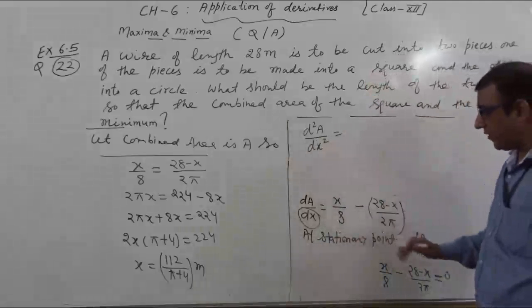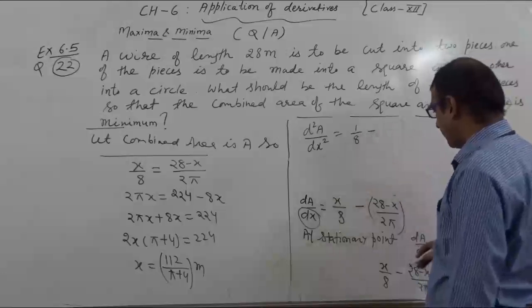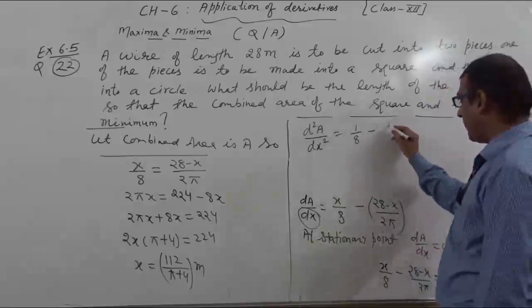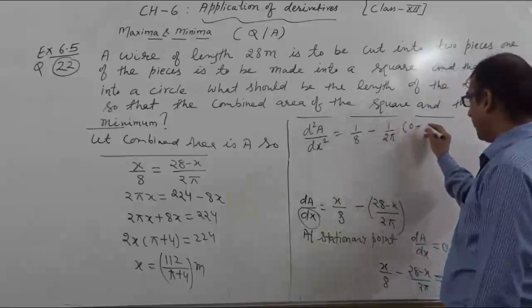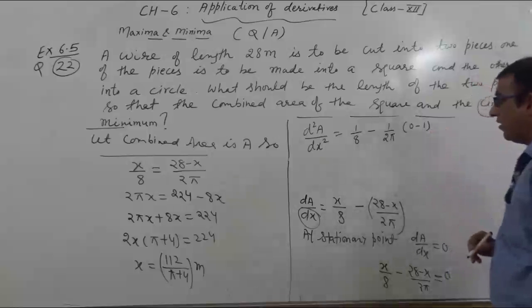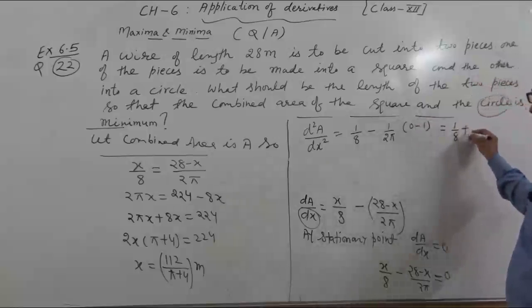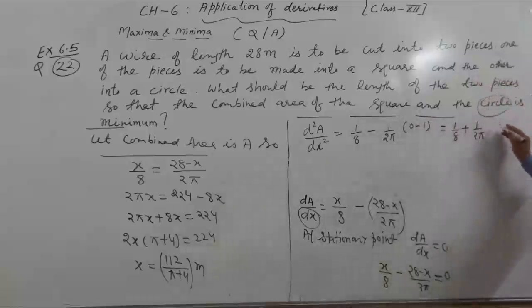If we continue with this, we will get 1 upon 8 minus, we differentiate this, so 1 upon 2 pi we write as it is, and this is 0 minus 1. When we solve it, we get 1 upon 8 plus 1 upon 2 pi, and this is positive, or you can say greater than 0.